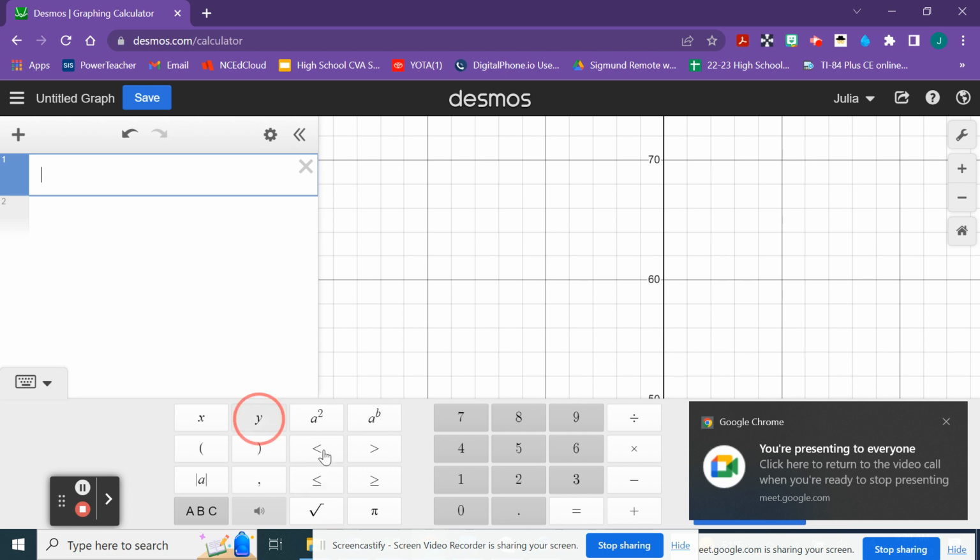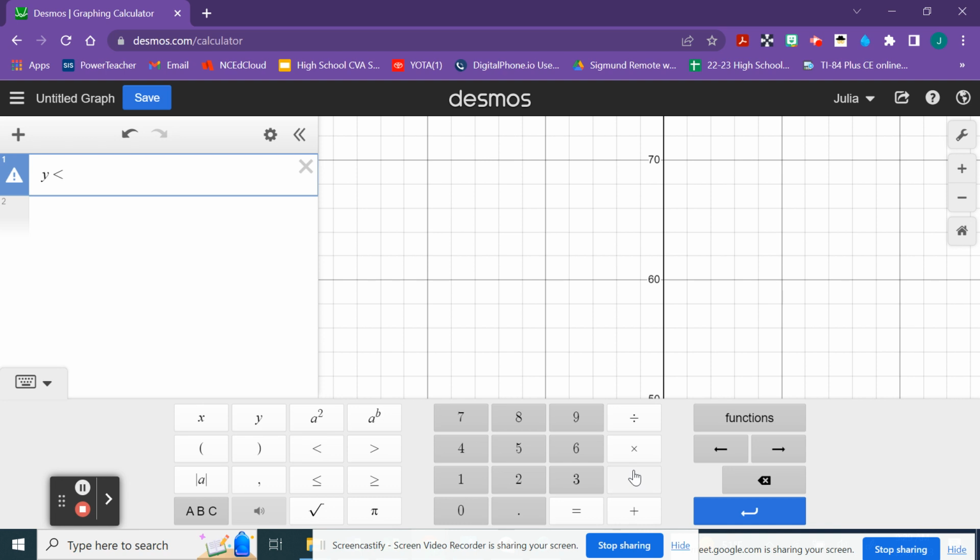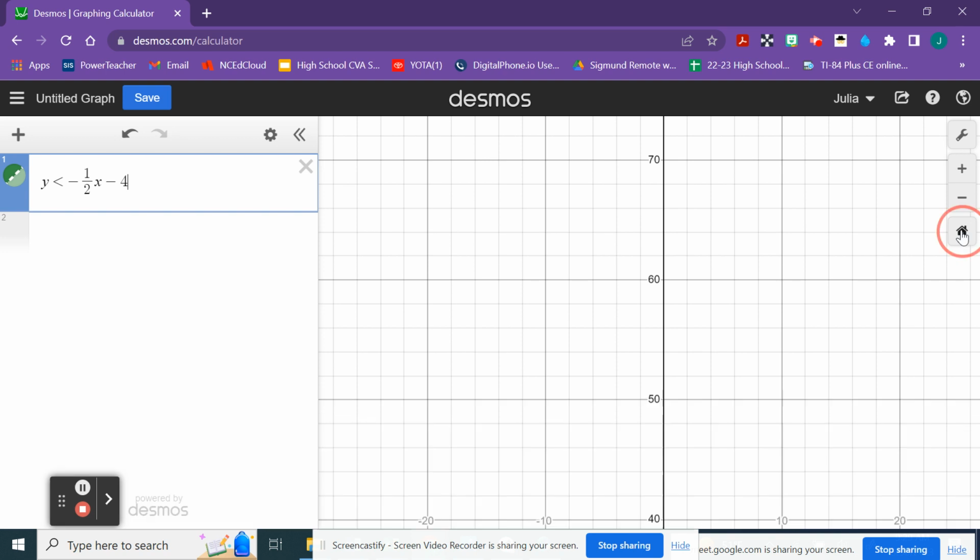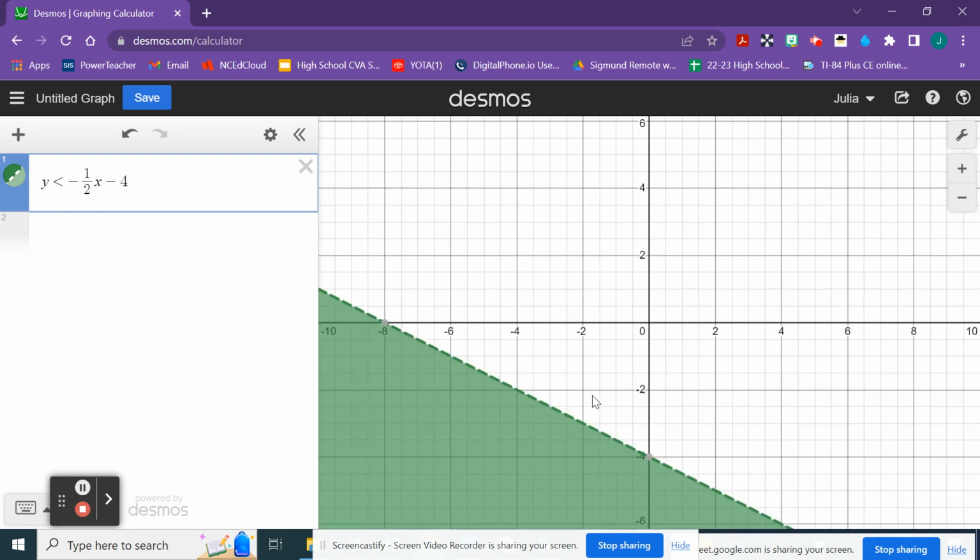That was y is less than 1/2 x, and then -4. And we are off in La La Land, so I'm going to click the home to get back to where we were. And there it is.